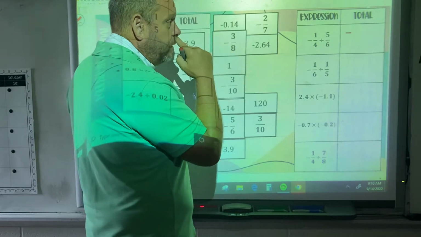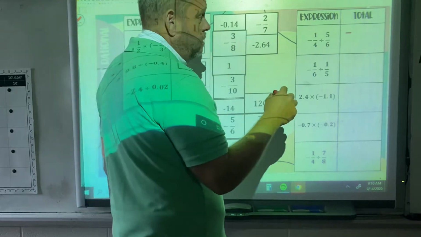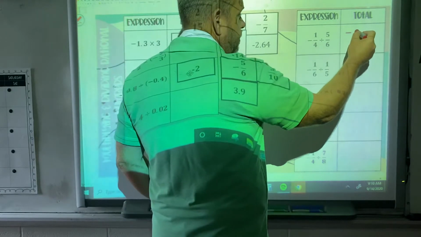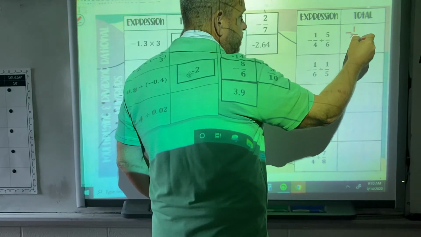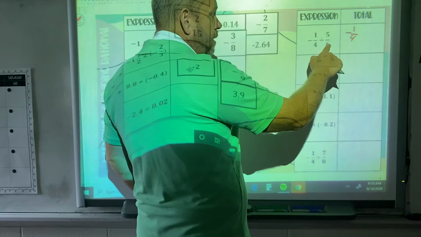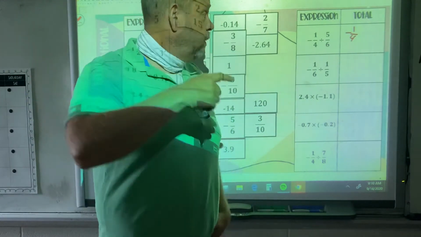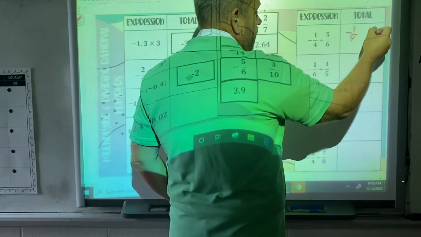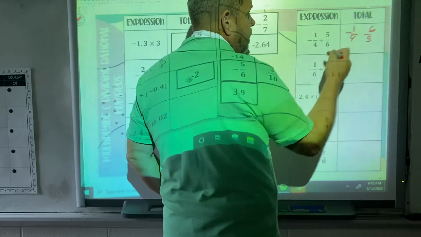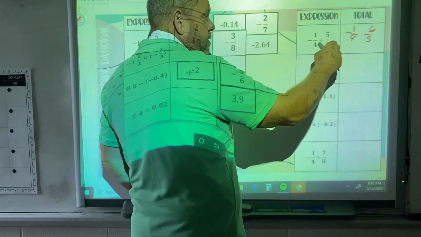What happens when you're dividing fractions is the first one stays the same, so I'm going to have negative 1/4. I'm going to take the second one and flip it. Instead of 5 over 6, it's 6 over 5. And when I do that, I change the division to a multiplication.